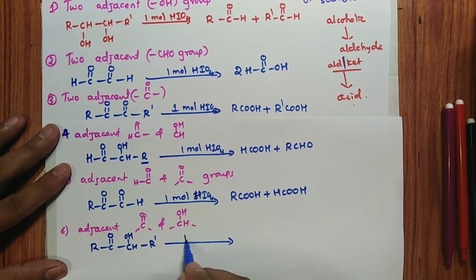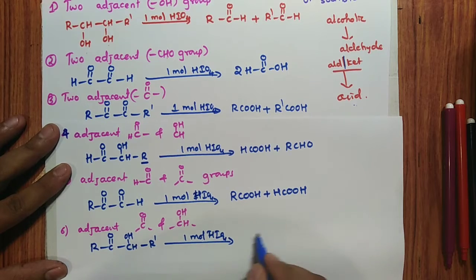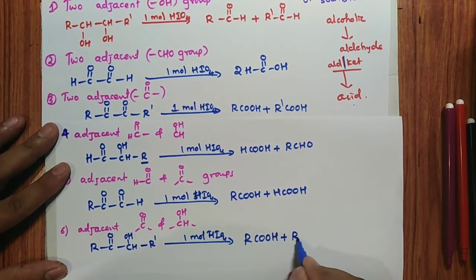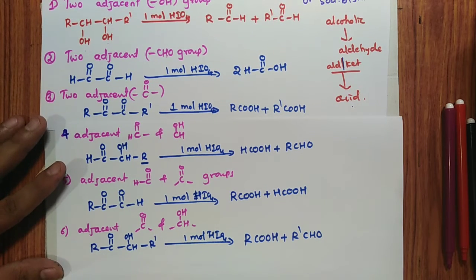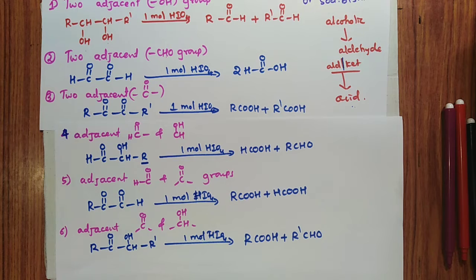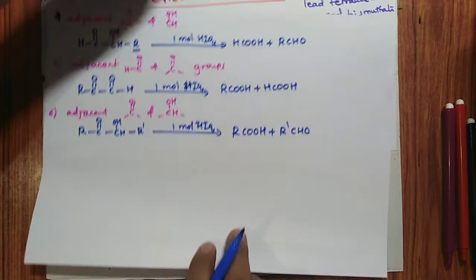Now you are again going to need 1 mole of HIO4. This is once again converted into acid: RCOOH plus R dash CHO you are going to obtain. So this is about the 6 types of reactants and their products, right?